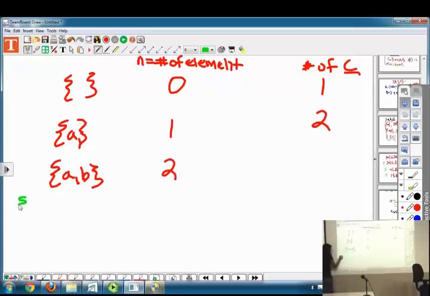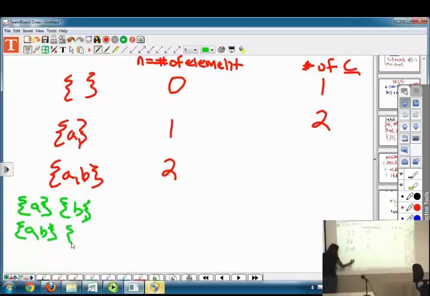That would be the set A, the set B, then A and B, and then what else? The empty set. So how many do I have? So I have 2 elements, I have 4 subsets.